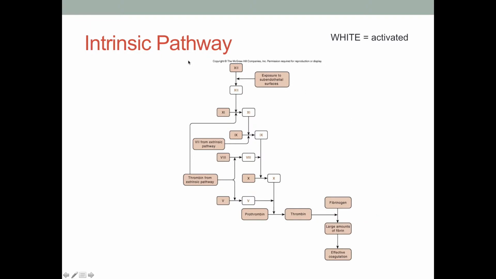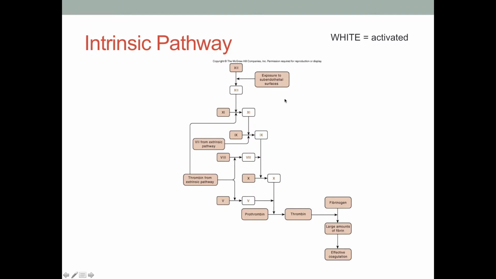What we talk about in the next lectures with thrombi formation is we can also have this rogue factor, factor 12, which initiates the intrinsic pathway when it is perceived that the vessel is damaged without actually being damaged.